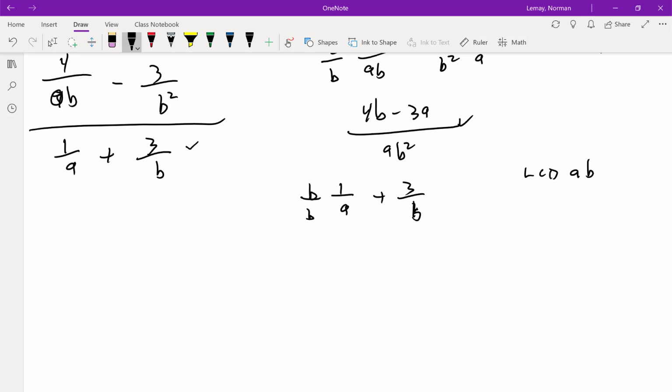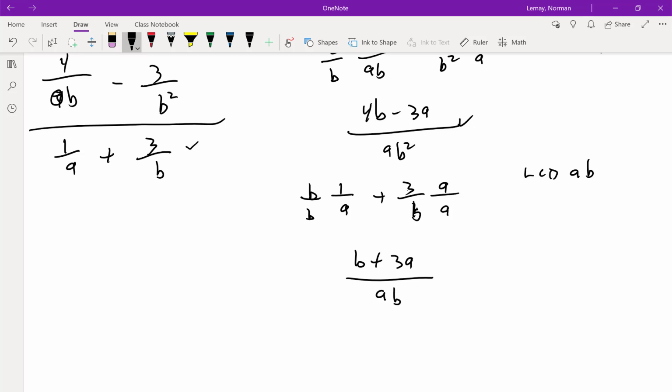So if I multiply the bottom by a B, I have to multiply the top by a B. And notice over here, if I multiply the bottom by an A, then I have to multiply the top by an A. All right, so notice here I'm going to get B times 1, which is B, plus 3 times A, which is 3A, divided by, and I think we can agree that the bottom and the bottom is AB.